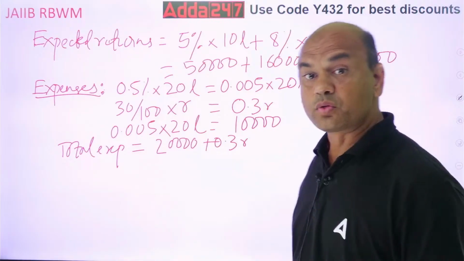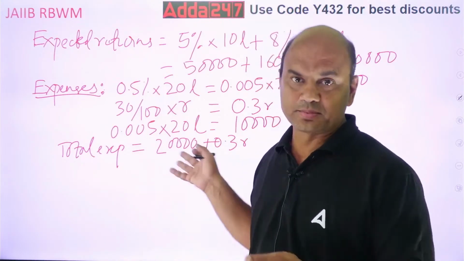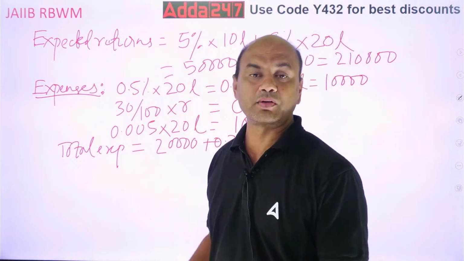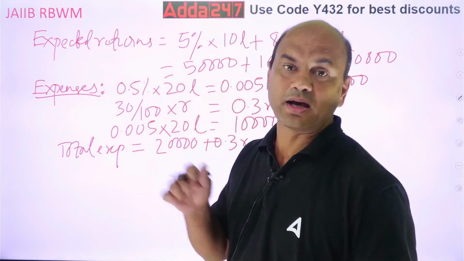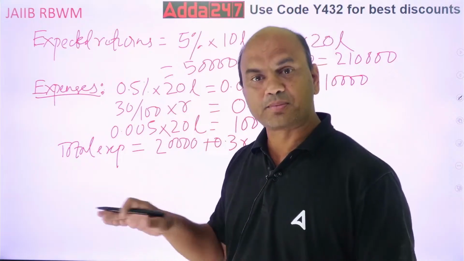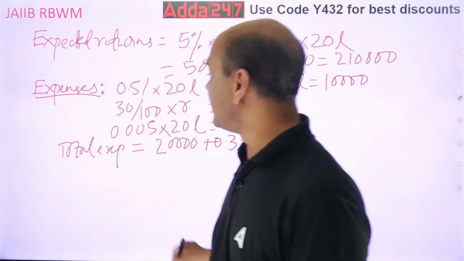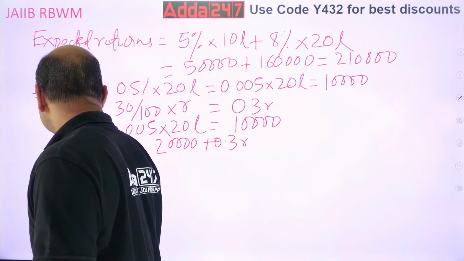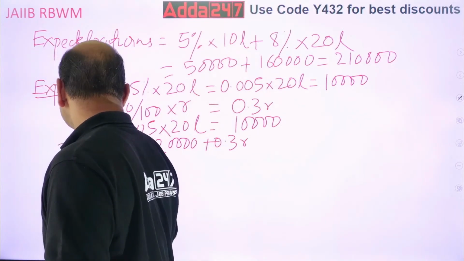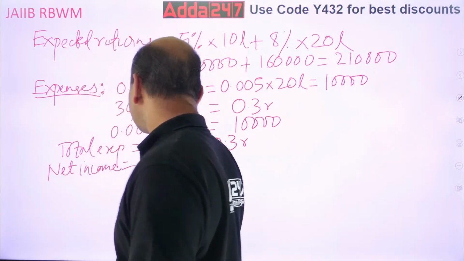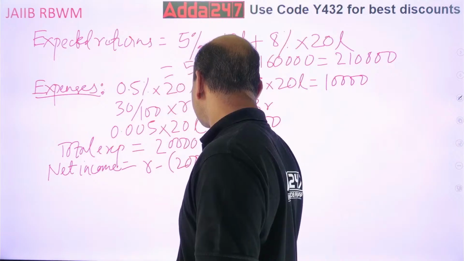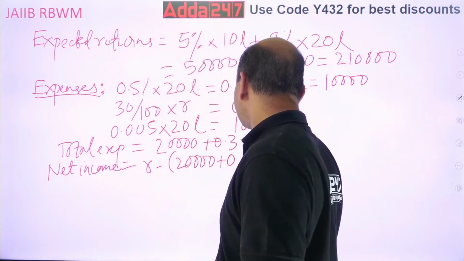Okay, so what is my income then? This is my expense, but what is my net income? My income will be whatever I am getting. What am I getting? I am getting R. From that I will subtract these expenses. So my net income equals R minus (20,000 plus 0.3R).